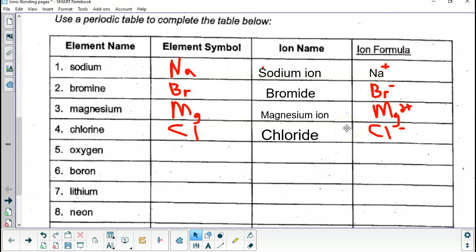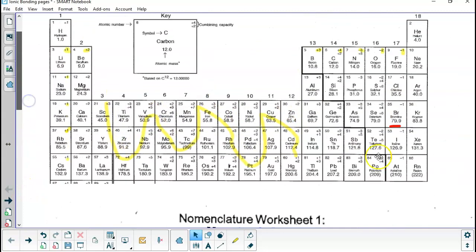All right, so your job is to go through the rest of these. I'll give you a hint, one little tricky one down here. Neon is in group 18. Neon's over here, it doesn't make ions.